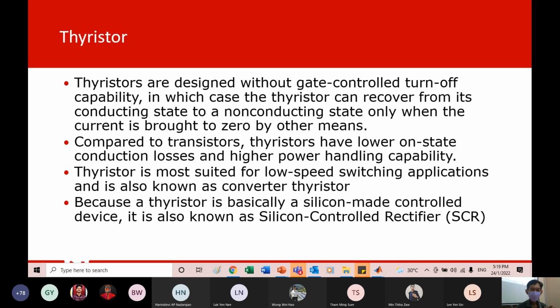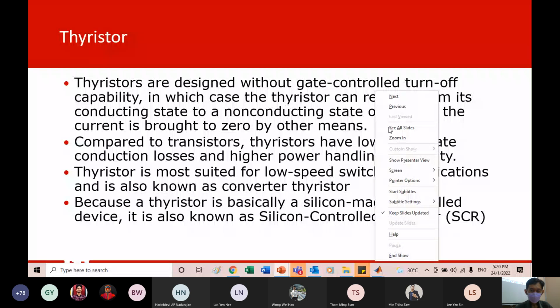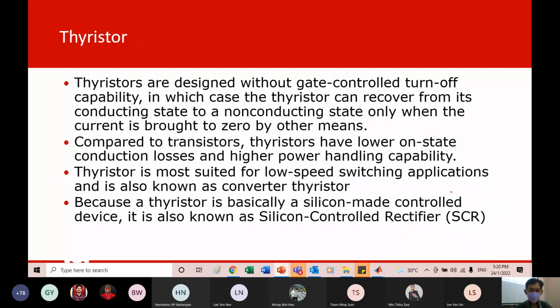There is another name for the thyristor. It's called SCR. SCR stands for silicon controlled rectifier. It was designed for rectification purposes in the very first place.